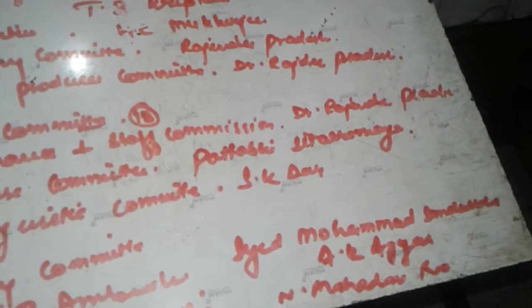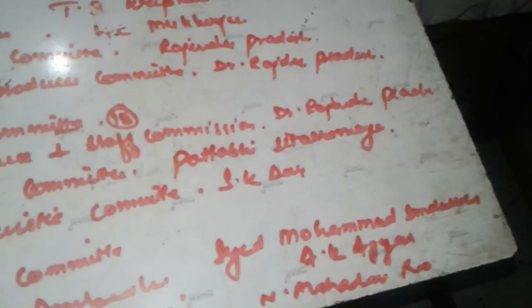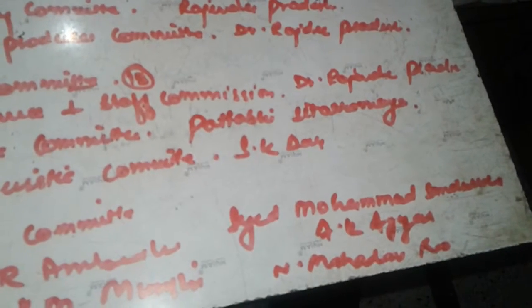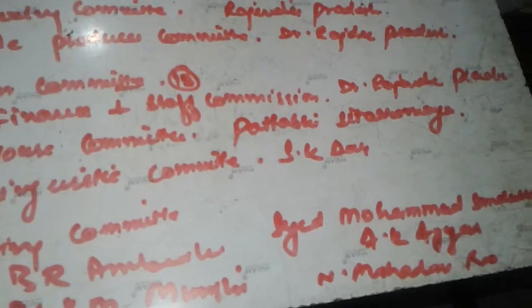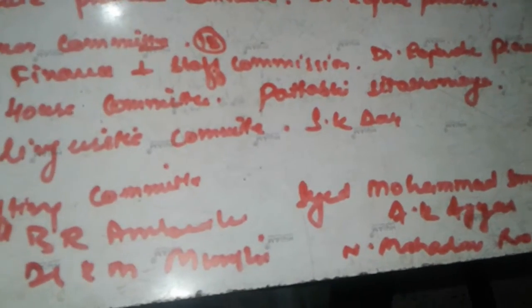There were various criticisms and practices during the making of the Constitution. Before the Constitution was fully enforced, some articles came into force on 26th November 1949, also known as Law Day.